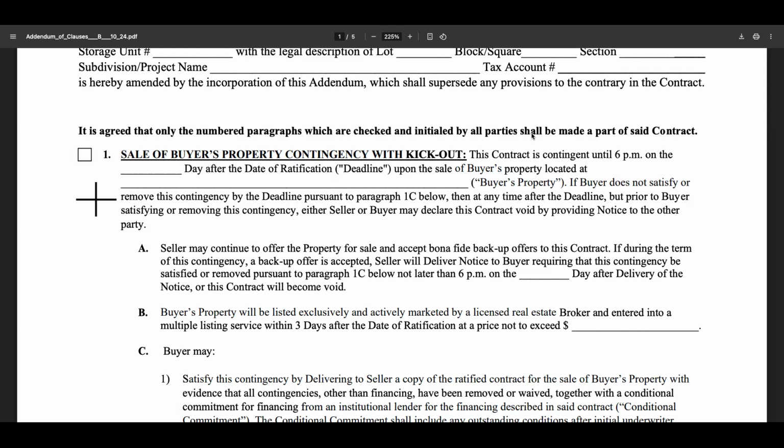I always tell my buyer clients there are three options. We can use this, which is the more traditional sale of buyer's property. You should never be homeless, because you don't buy the home until you sell your current home.